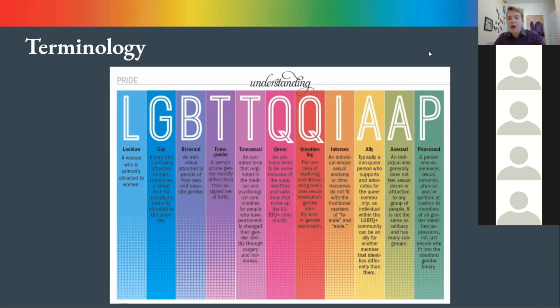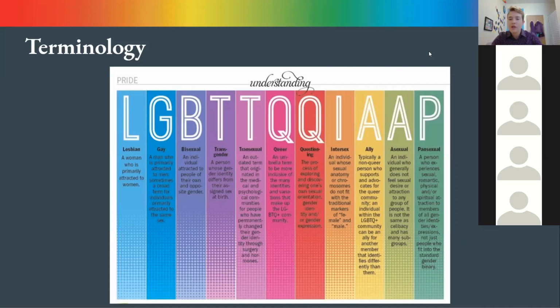Not always do intersex people want to be part of the LGBT community, but the LGBT community is always open to intersex people. Next is ally. These are people who support the LGBT community. Not always are these people included in the acronym, but we always appreciate our allies.